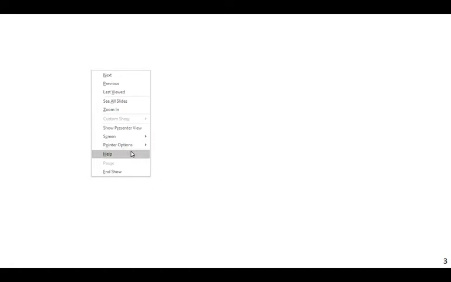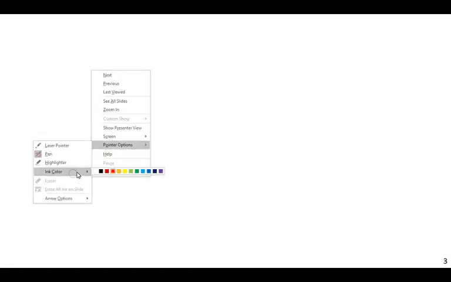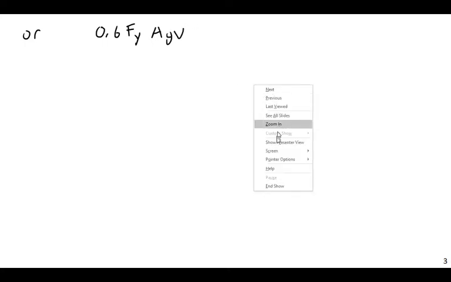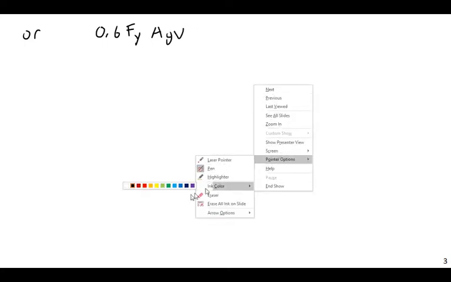So again, we're still looking at the shear, but we can have shear fracture or shear yielding, or 0.6 F_y A_GV. This is going to be a yield stress, A_GV, a gross area. This is going to be our shear yielding.